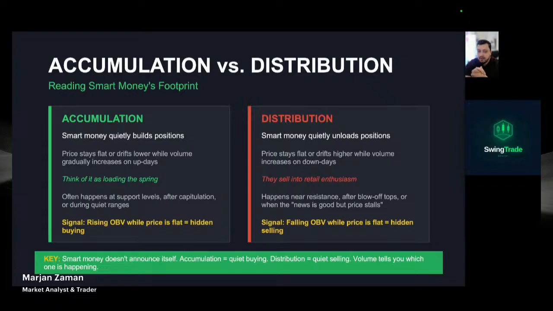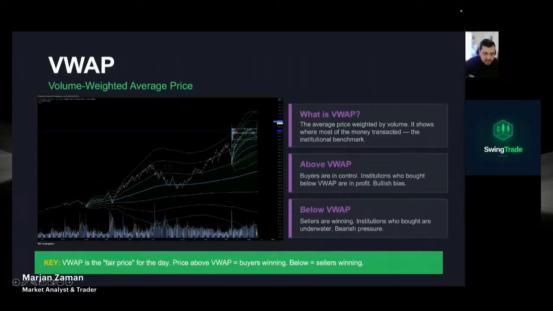Real distribution, you can see if we go back to, let's see, over here, if you look at the 2025 beginning pattern, that is a distribution pattern. Distribution happens when you oscillate for a while and you cannot make higher highs. That's a good signal that we're going to have a major downturn. But then you can see these kind of curves.